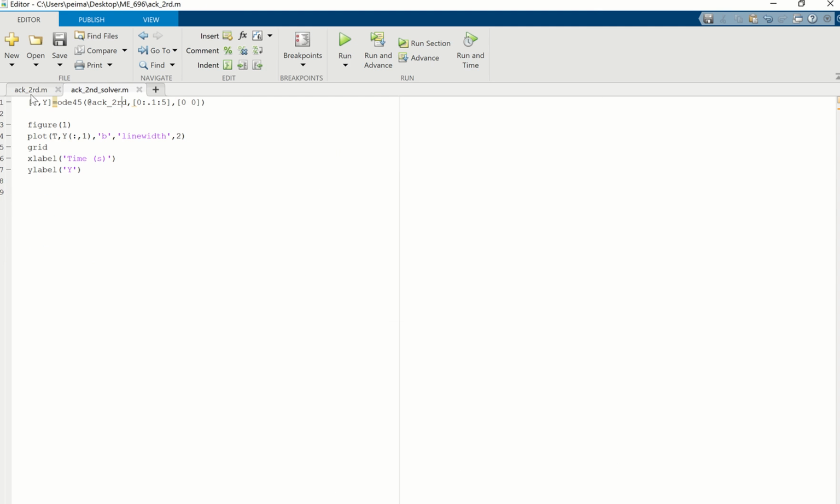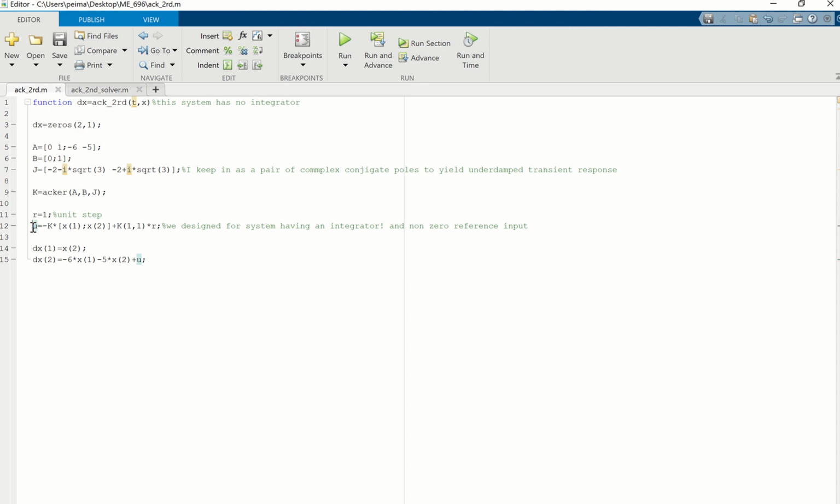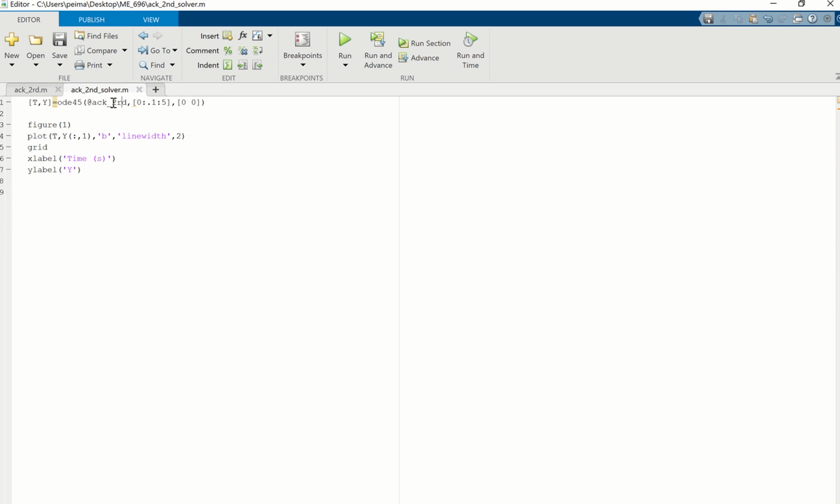This formulation for the error signal is only valid when you have an integrator in the open loop transfer function. You have to have an integrator. So when you don't have one and try to trick MATLAB, you're going to say, hey, I'm smart. Understand?